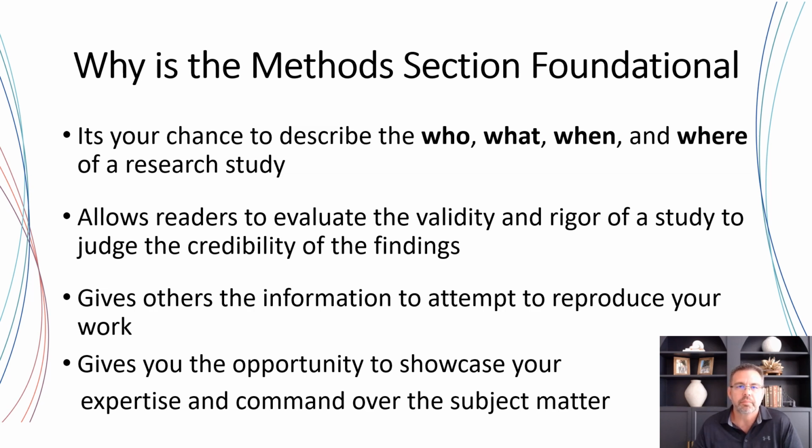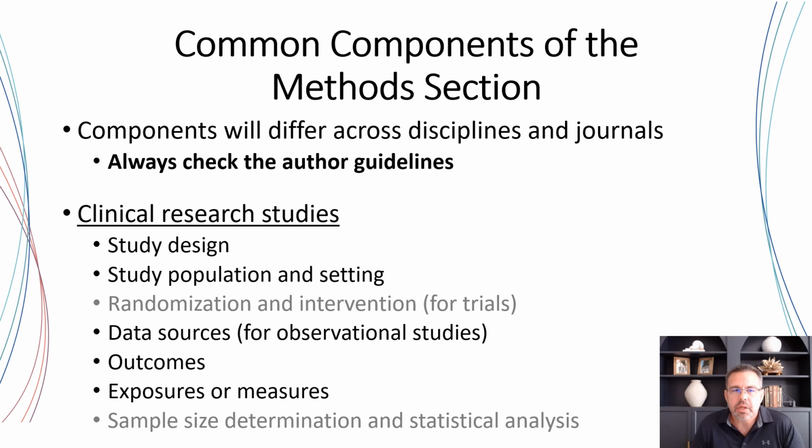Well, when it comes to common components of the method section, I sometimes joke when you've seen one method section, you have seen one method section, but certainly there are generalities across papers in terms of how you may want to structure your method section to provide the flow of information in a way that your reader is going to be expecting to see.